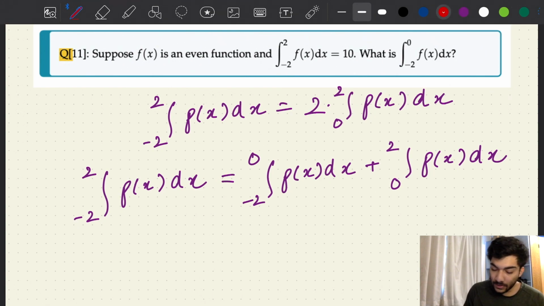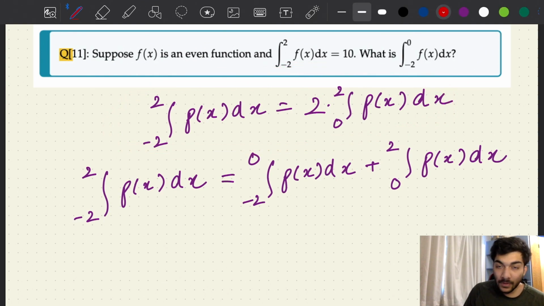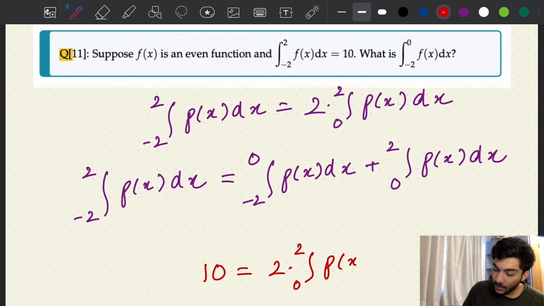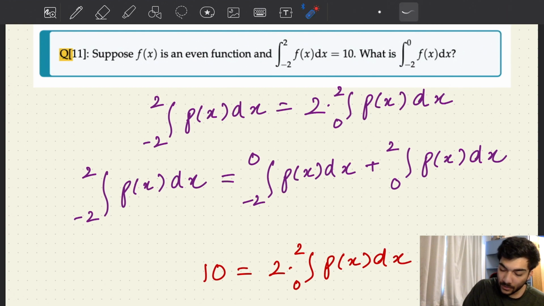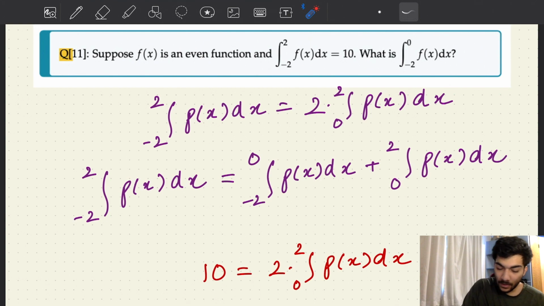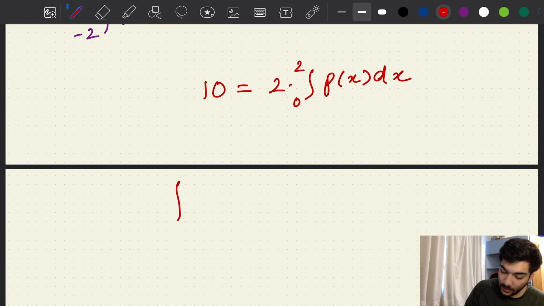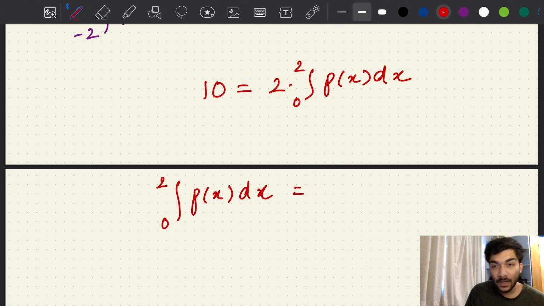If we use these concepts and equate the left hand side and right hand side, we see that 10 is equal to twice the integral from 0 to 2 of f(x) dx, because the integral from -2 to 2 is given to be 10. So the definite integral from 0 to 2 of f(x) dx is 10 divided by 2, which is 5.